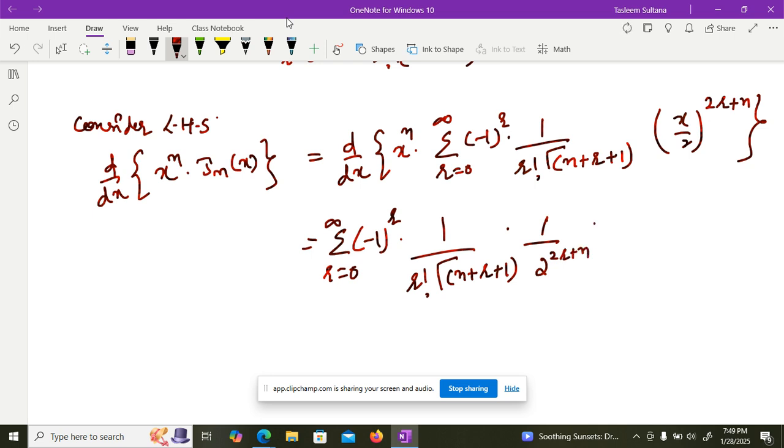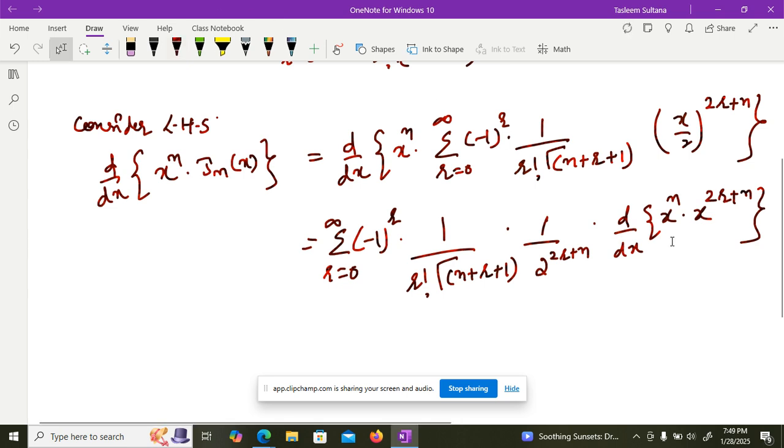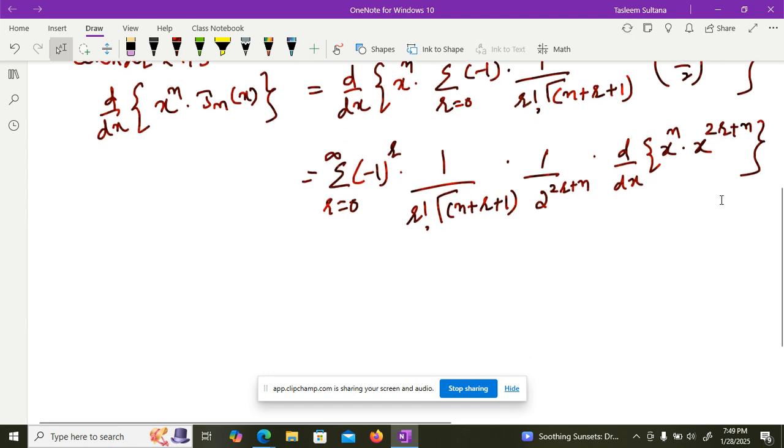This is also a constant, so I am writing it outside. Then d by dx of x to the power of n into x to the power of 2r plus n. If the bases are the same, what are we going to do? We are going to add the powers. So this x to the power of n and x to the power of 2r plus n we can add.